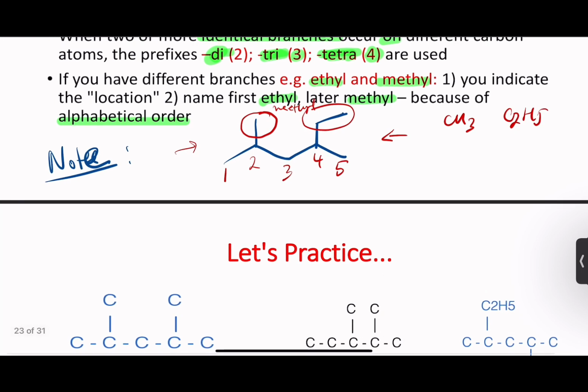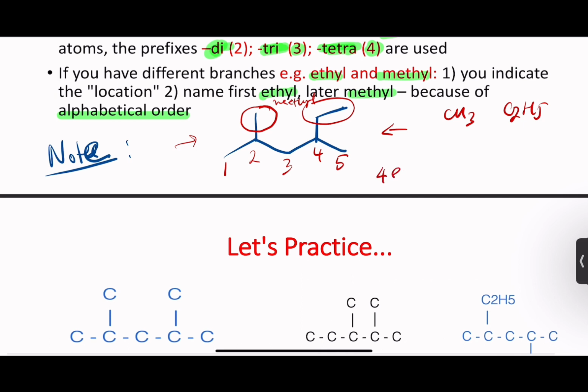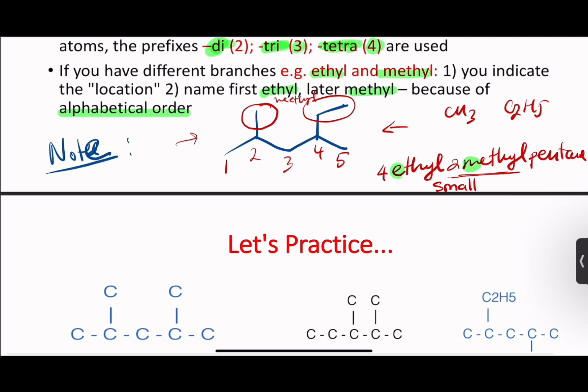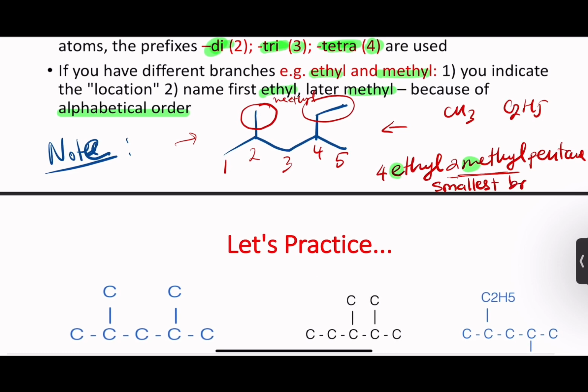But when I write the name, I write 4-ethyl-2-methylpentane. The reason is alphabetical order: ethyl comes before methyl. But I start numbering closer to methyl because methyl is the smallest branch. Okay, so remember this. This is very important.